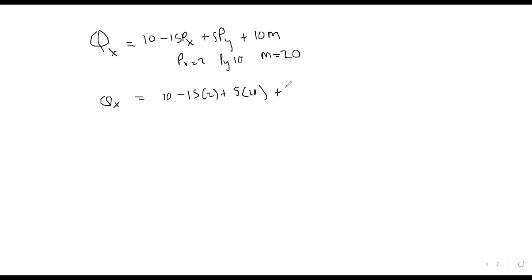Where there is the income, we put a what? A 20. So this will simply give us 10 minus 30, which is 20, plus 50, which is 30, plus 200, which is 230.